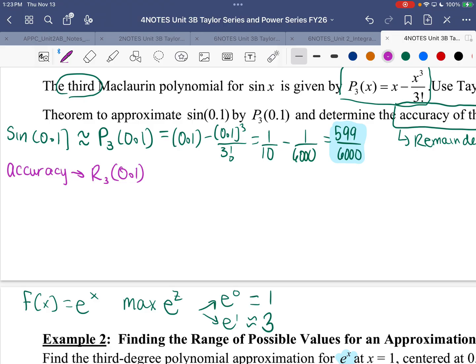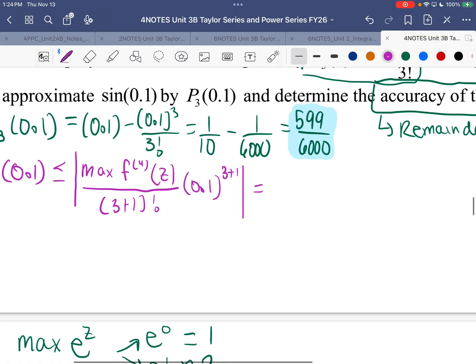Okay, I'm just going to do the formula real quick. Max of F4, because I think if I plugged it right in, you'd be like, what are you doing? All right, so what trig function were we estimating? Sine. So then what is our maximum going to be? 1.